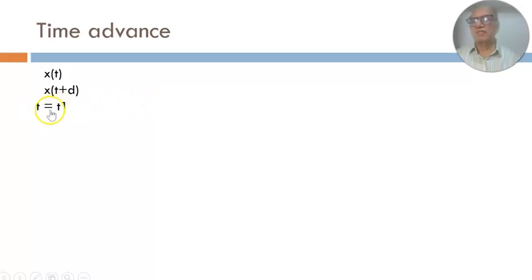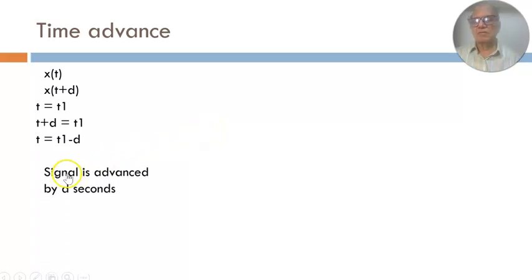If you consider an instant t equal to t1, then for this waveform to have the same value, the term within the bracket must be equal to t1. So t plus d is equal to t1, or in other words, t is t1 minus d. So it occurs at a time which is earlier than this. So it is advanced. In other words, the waveform shifts to the left. So the signal is advanced by d seconds.